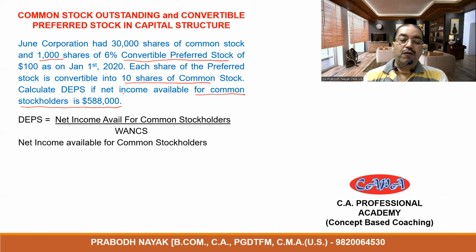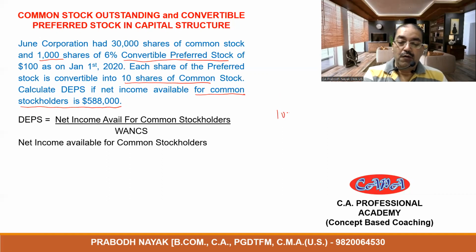Net income available for common stockholders was $588,000. But in future, when those preferred stocks are going to be converted into common stock, preferred dividend is no longer payable. How much is preferred dividend?